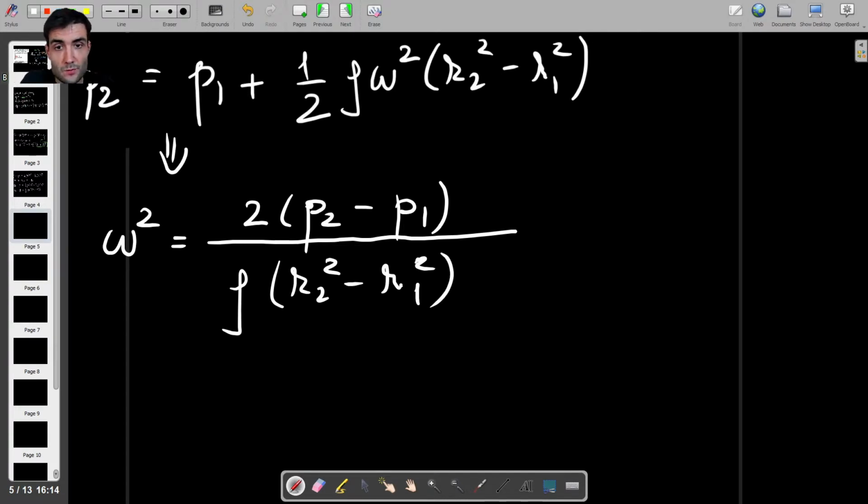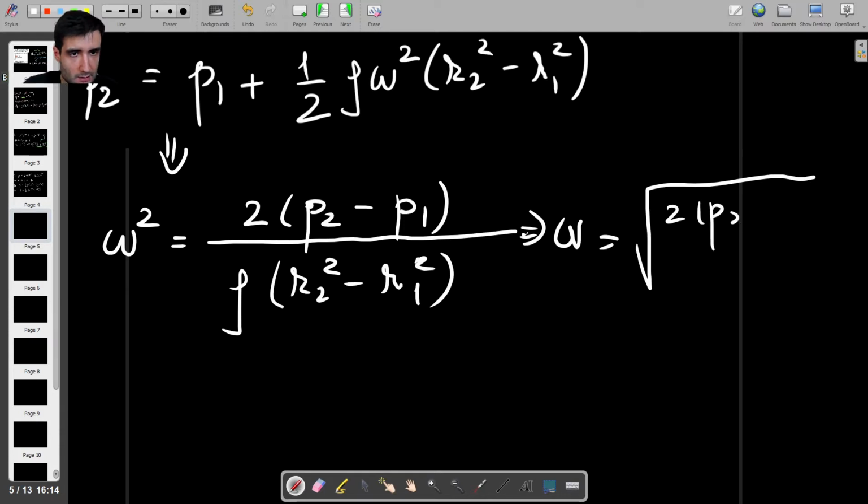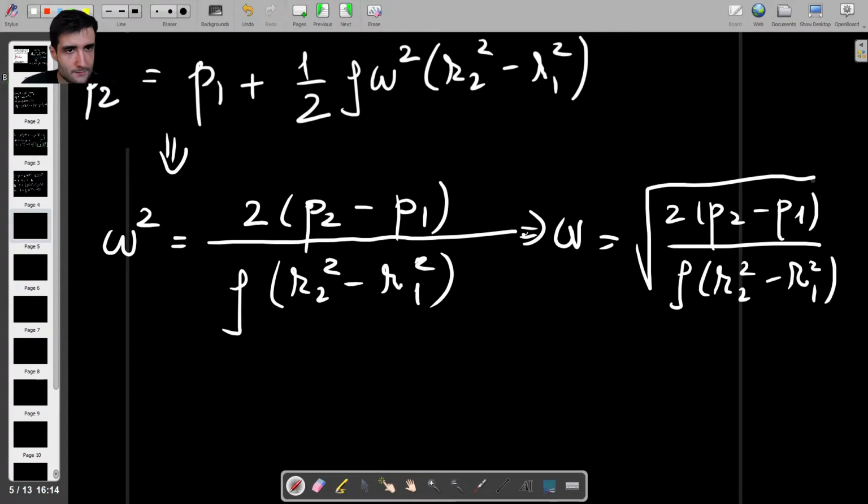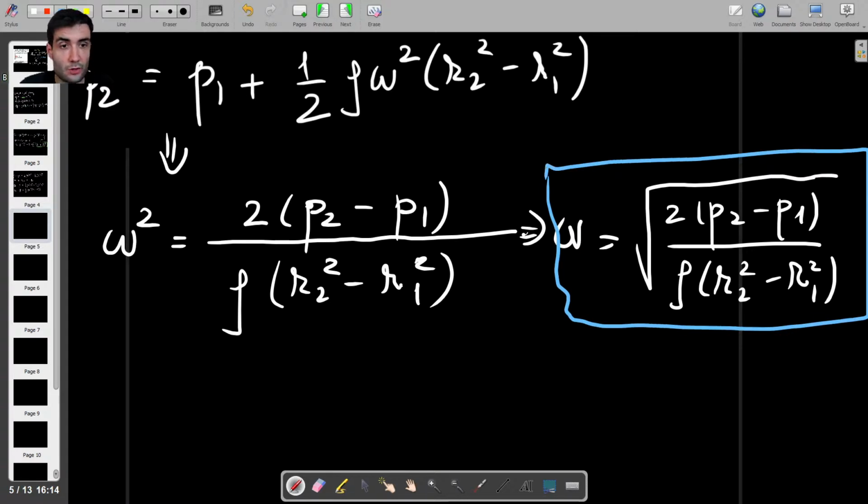And this gives you the square of the angular velocity, which means that if you actually want to find the angular velocity by itself, you can just square root everything and you get the square root of 2 times P2 minus P1 divided by rho times r2 squared minus r1 squared. And that is the angular velocity as a function of the manometer readings as well as the locations of those two manometers.